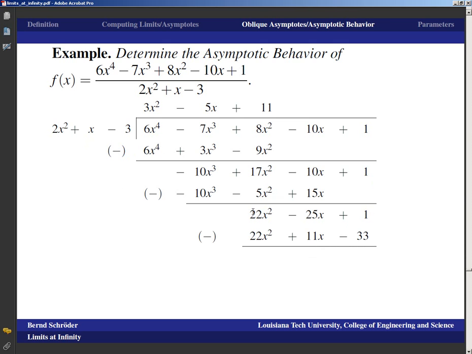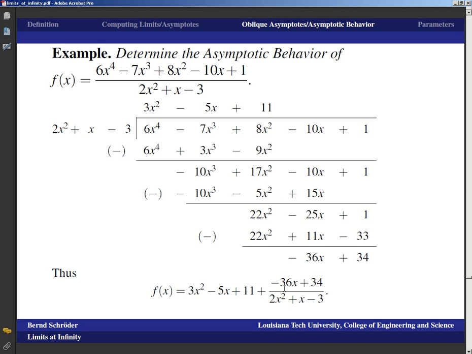Do the subtraction, we end up with 0, and then 36x and plus 34 minus negative 33. And that means that our function is actually equal to the quotient 3x squared minus 5x plus 11 right here, plus the remainder, 36x plus 34, divided by the denominator, which was 2x squared plus x minus 3, also seen here.